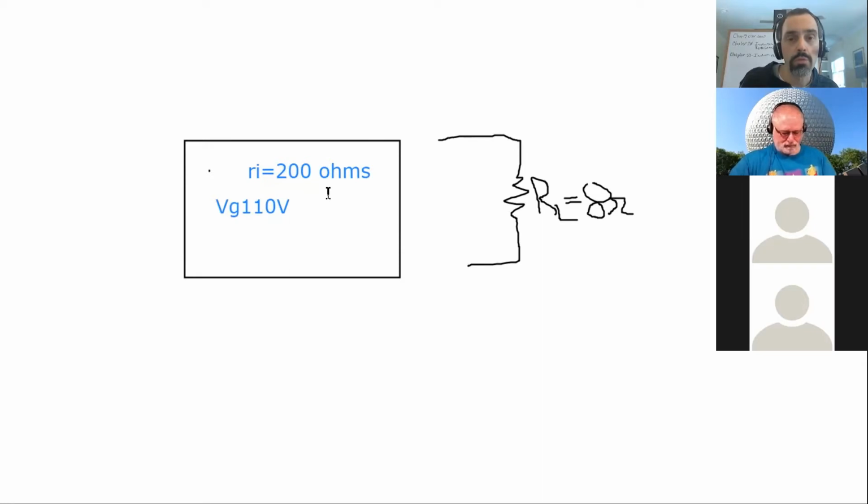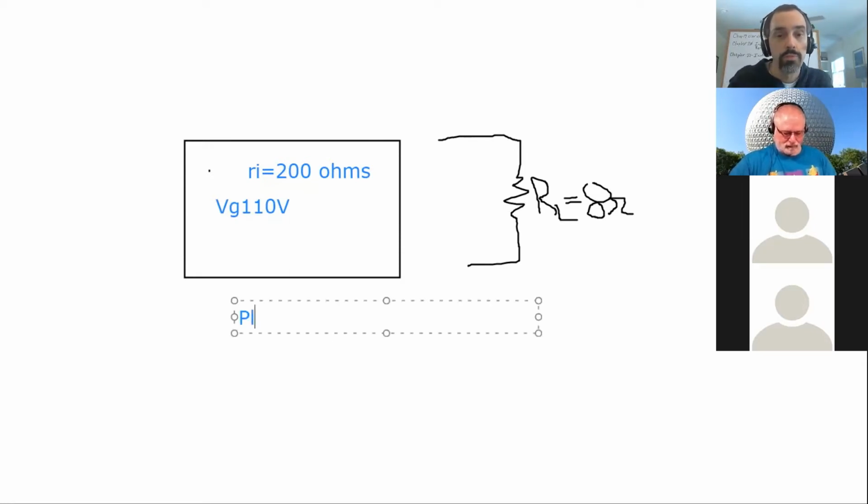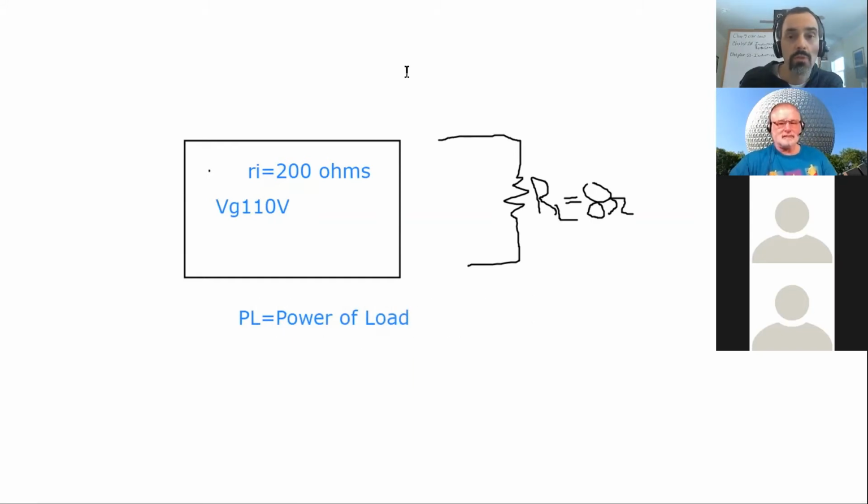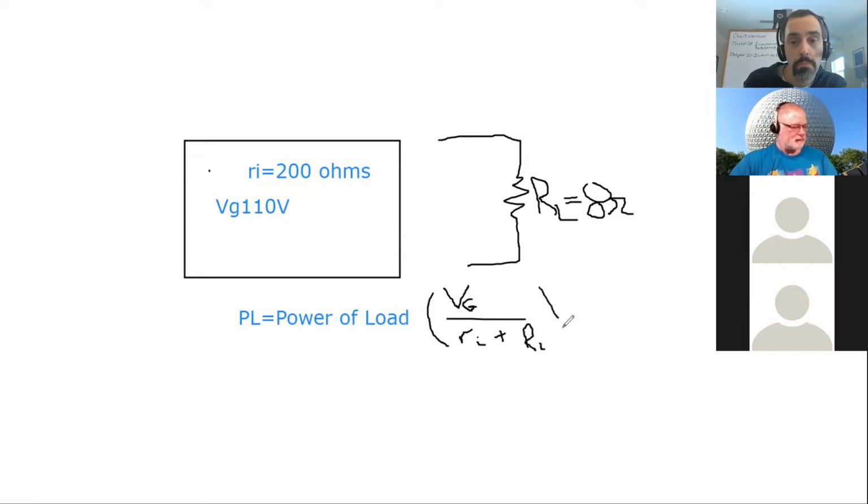So we want power of load, PL. That's going to be equal to the voltage at the generator divided by the resistance of your generator plus your R load, and then you square it, and then you multiply it by your RL over here. And that's your power of your load right there.